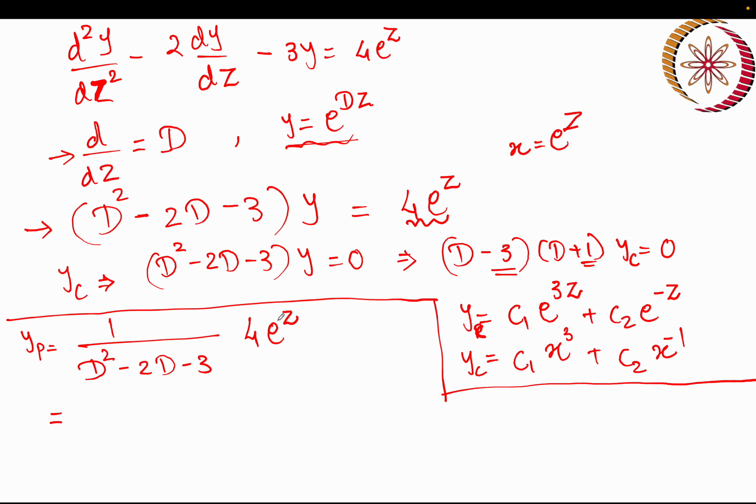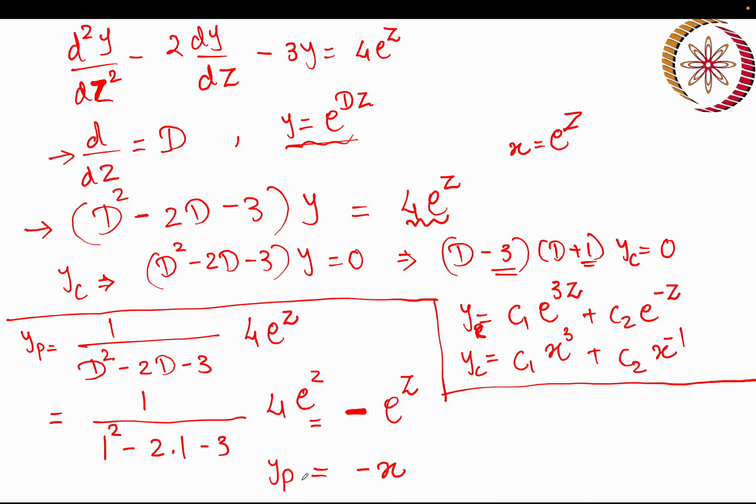We can see that the coefficient is 1, so we can directly substitute that here, which is 1 square minus 2 into 1 minus 3, that is 1 minus 2 minus 3, which is minus 4, so it is minus e raised to x over 4. Sorry, so minus e raised to x is nothing but minus x. So we have this y particular solution.